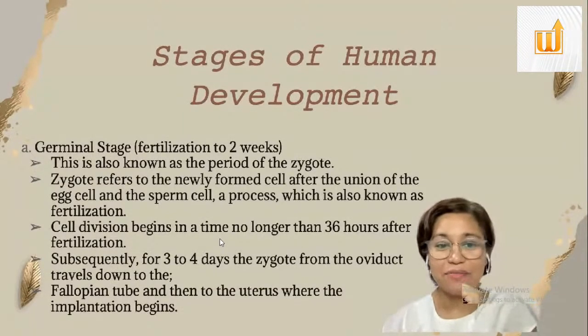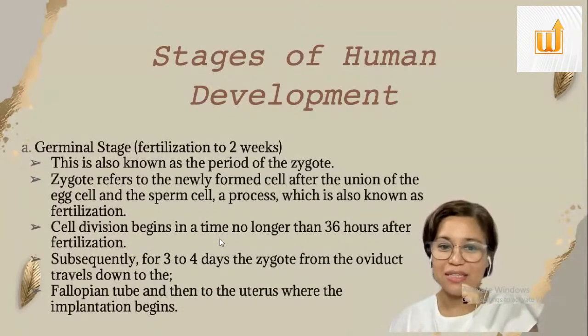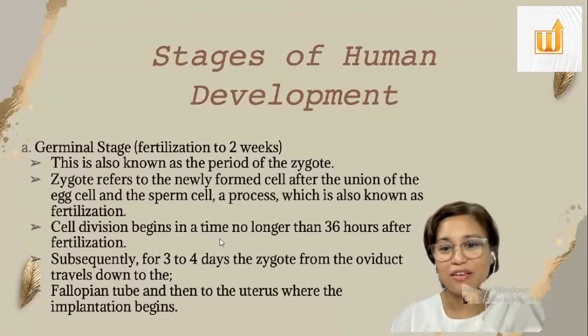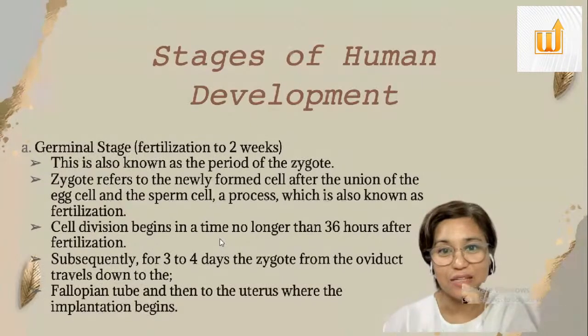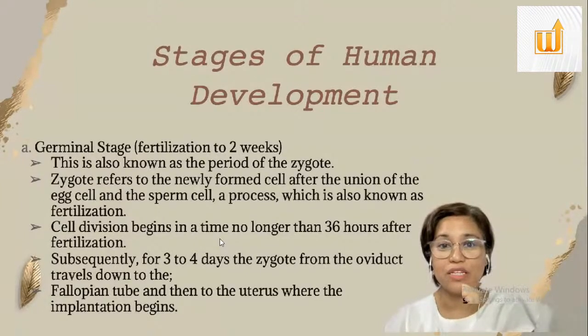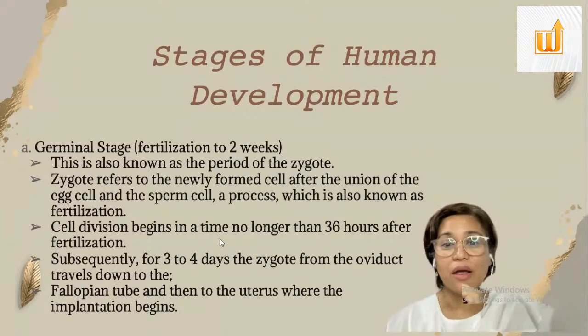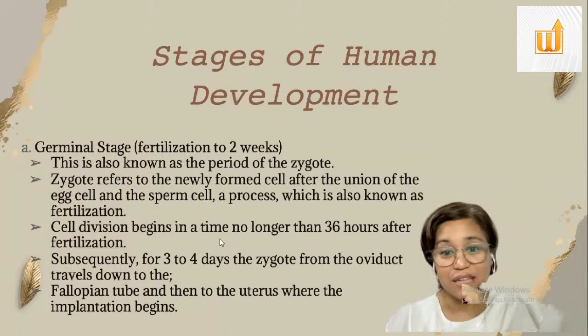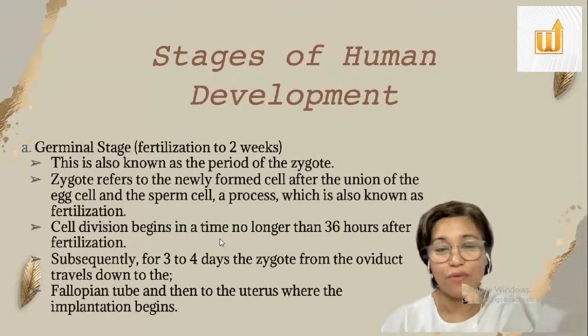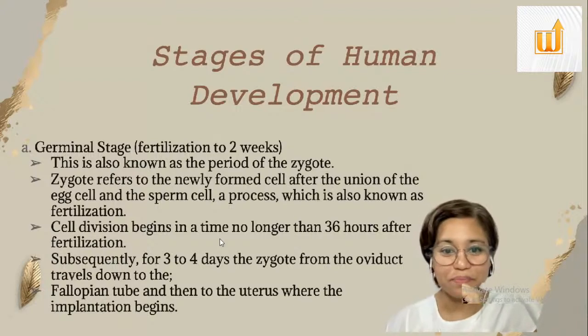And then cell division begins in time no longer than 36 hours after fertilization. Once that sperm and egg cell unite with each other to form a new cell, there are different processes such as cell division, and it lasts no longer than 36 hours after that fertilization.